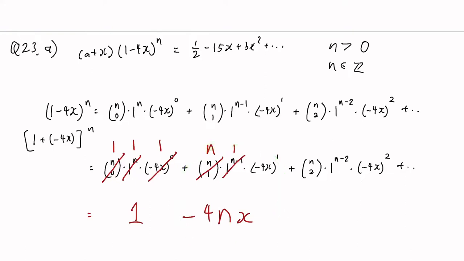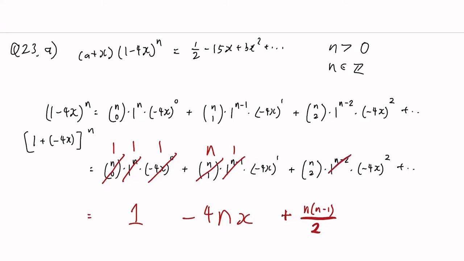Okay, next one. n choose 2 is what? n times n minus 1, over 2 factorial, which is 2 times 1, which is 2. Then 1 power anything is 1. Don't need to times 1, it's obvious.